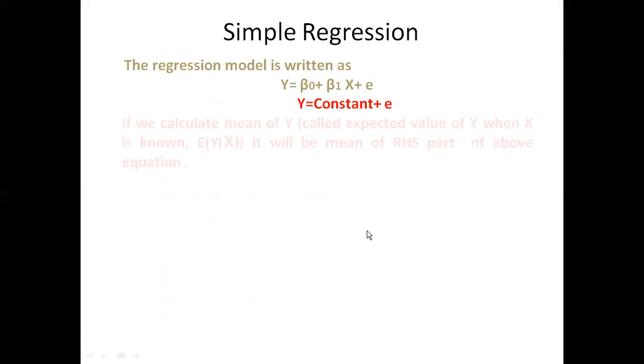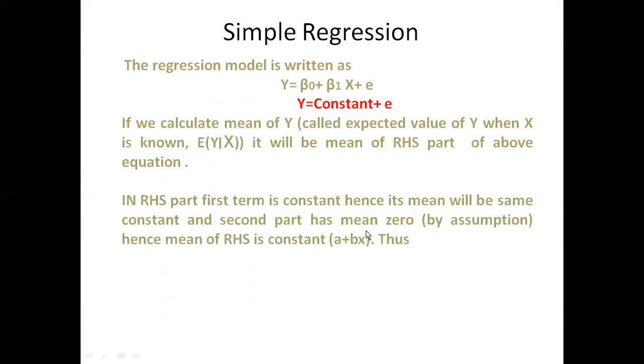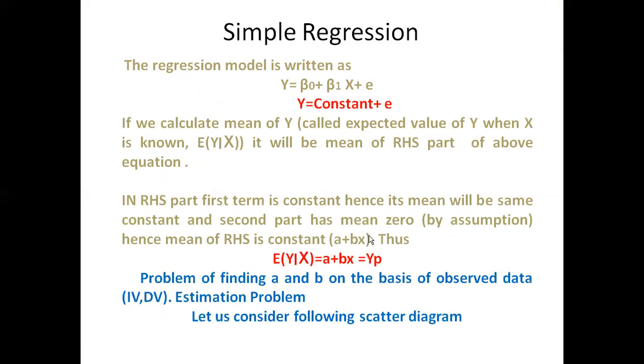So how do we work in simple regression? We want to model a dependent variable y. How do we model it? We take two parts: one is the known part, the data part, and another is the random part.